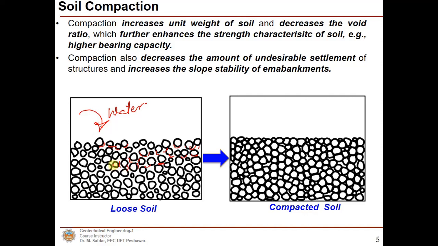Or in other words, we can say the frictional characteristics of this particular soil will decrease if water is present in between these soil particles. And if we place a rammer on it, or if we roll it, then this will be easily compacted into a denser configuration.